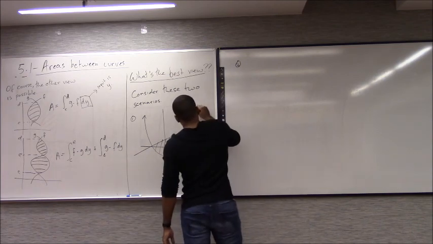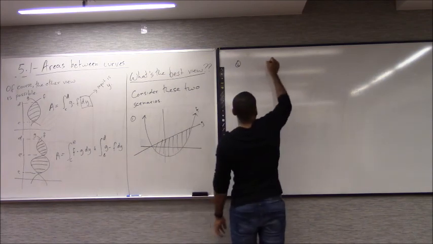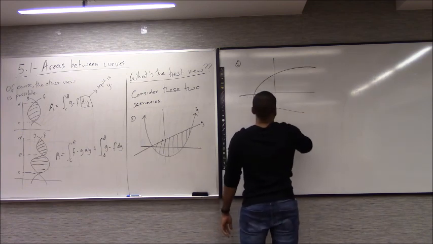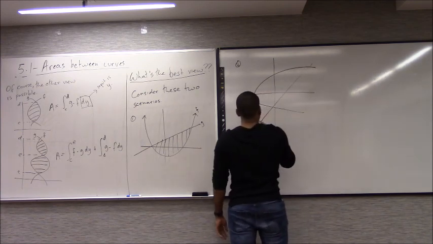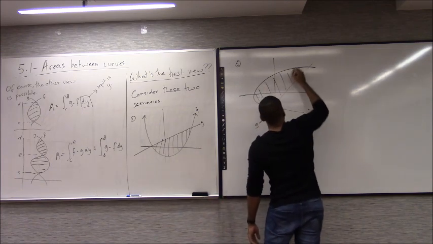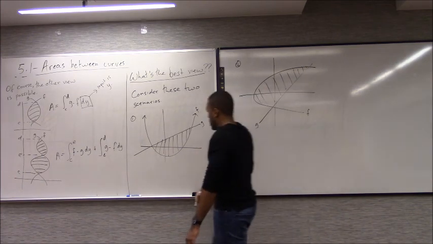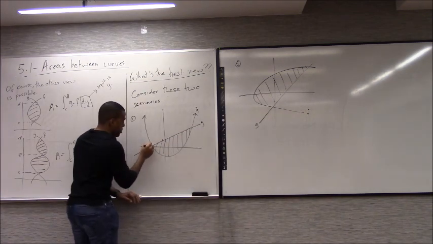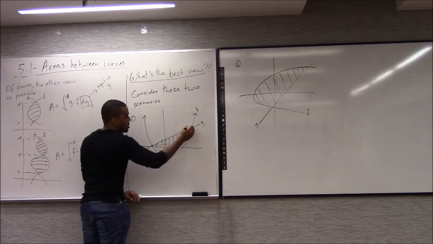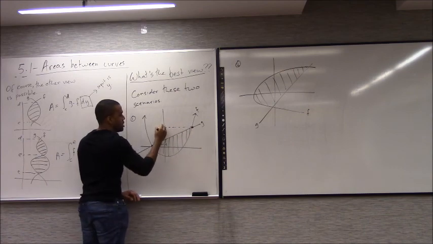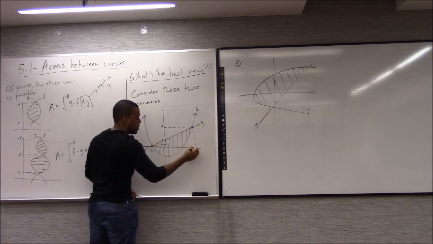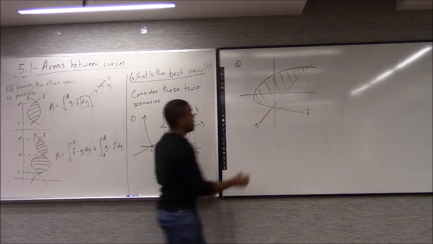So I'm going to call the parabola F and the line G. Let's assume we know the intersection points. So let's say the first intersection is C on the y-axis, D on the y-axis, A on the x-axis, B on the x-axis.